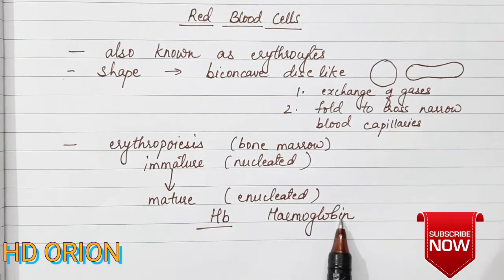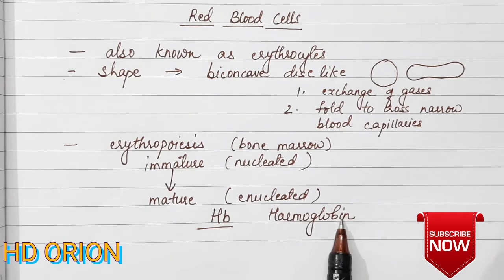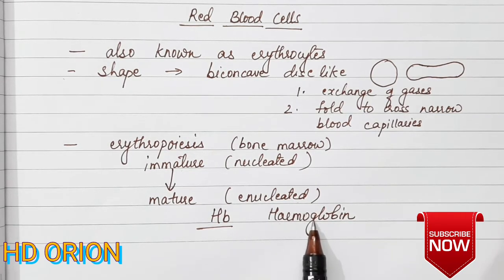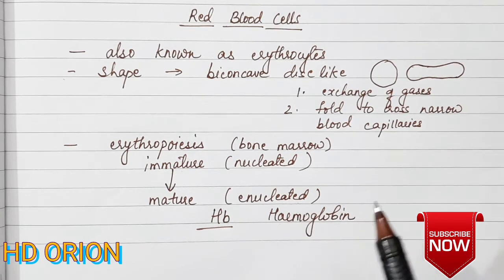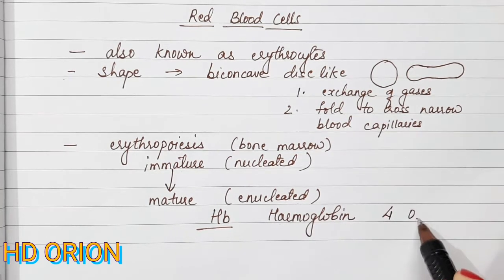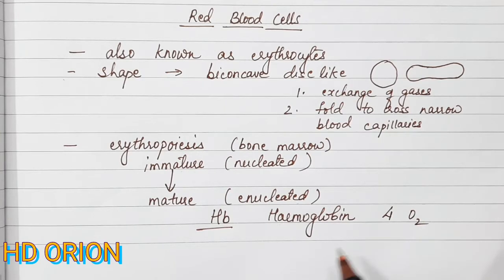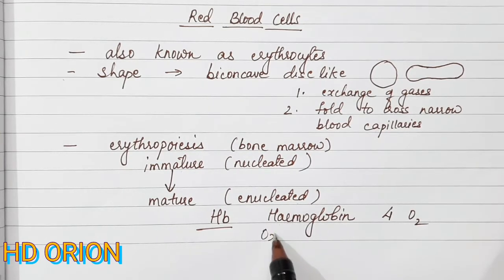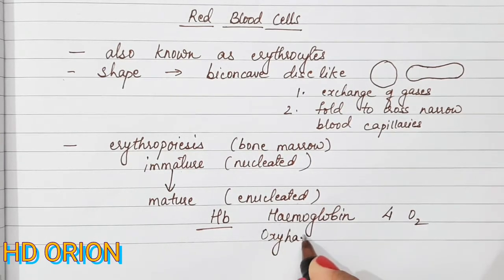The Golgi bodies and all the other cell organelles gradually disappear so that hemoglobin can carry oxygen molecules nicely. One hemoglobin can bind to 4 oxygen molecules, and once it binds, the hemoglobin is then called as oxyhemoglobin.